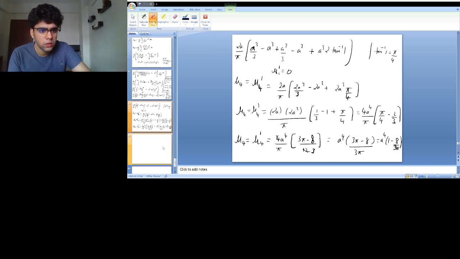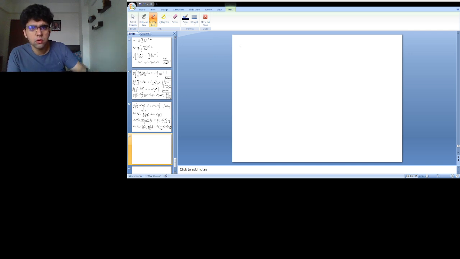Let me go to the next slide. So our final answer is the fourth moment with respect to the mean, which is equal to the fourth moment with respect to the origin, is equal to a to the power 4 into 1 minus 8 upon 3 pi, right?